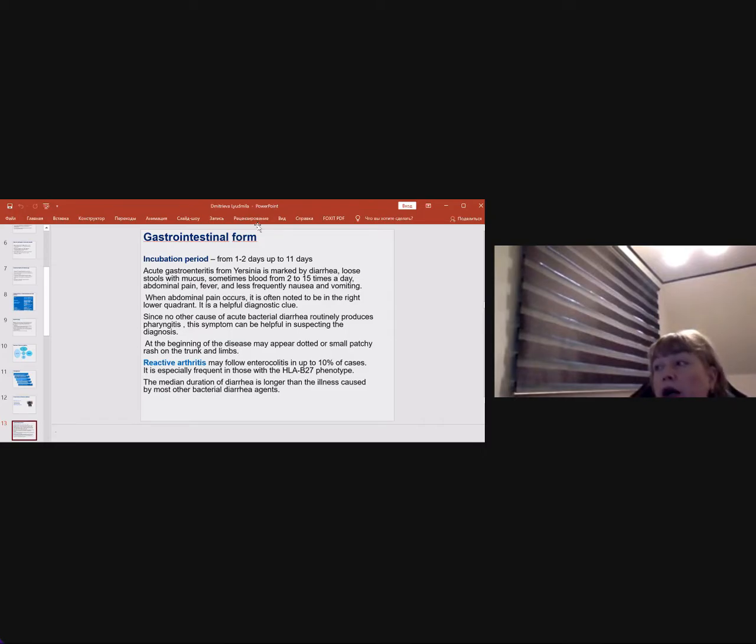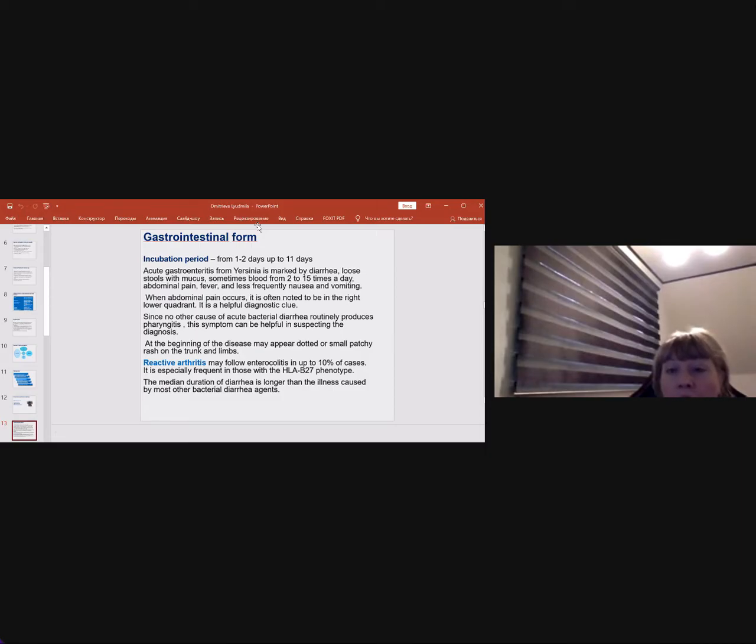And these rash elements may be around the joints, on the skin and on other sides of the body. You know that the rash elements are absent in the patients with food poisoning diseases, in the patients with acute tuberculosis, in the patients with salmonellosis.